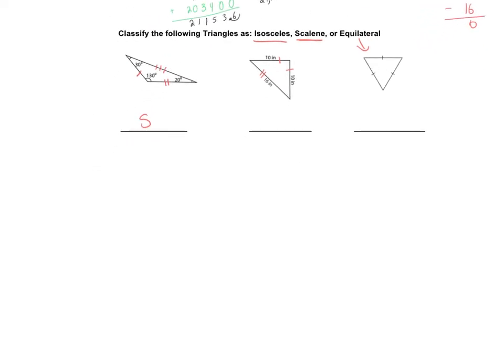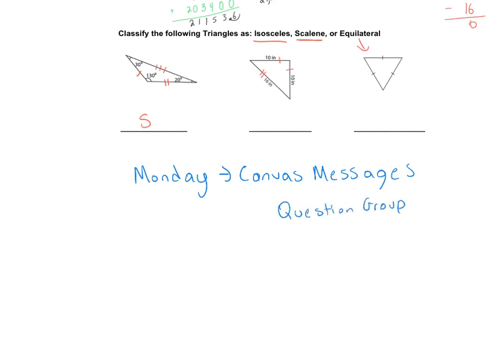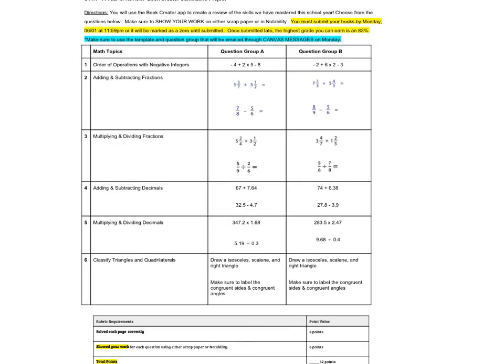Okay, remember, you need on Monday to check your Canvas messages for your question group. Mrs. Feynman is going to tell you, and let's take a look at that. So this is what you're going to look at when Mrs. Feynman emails you in the Canvas messages.